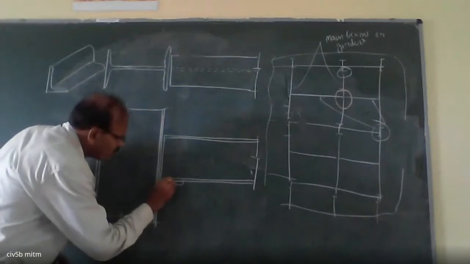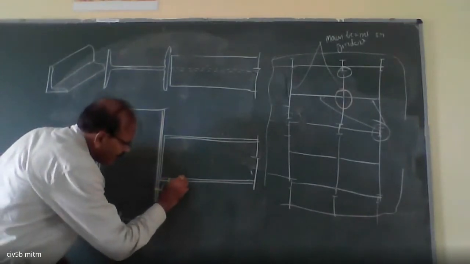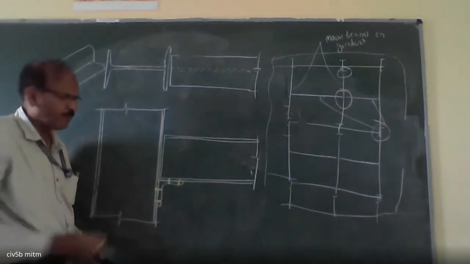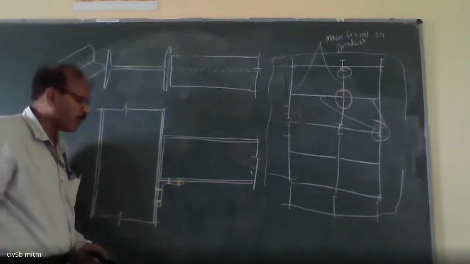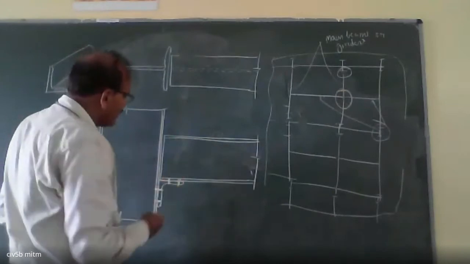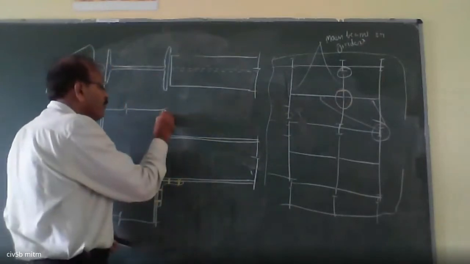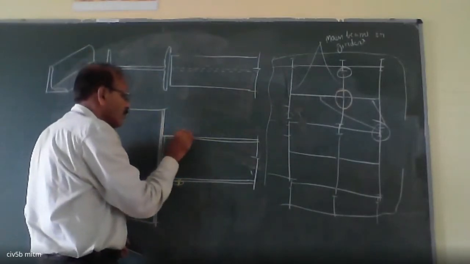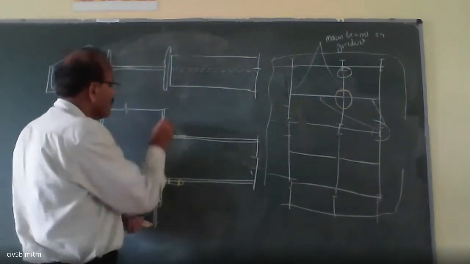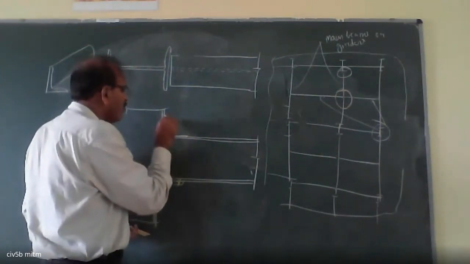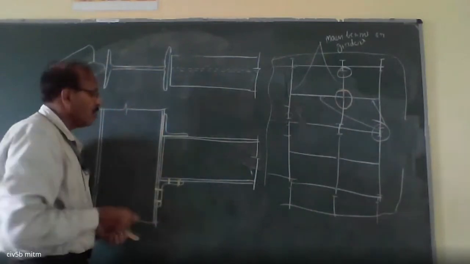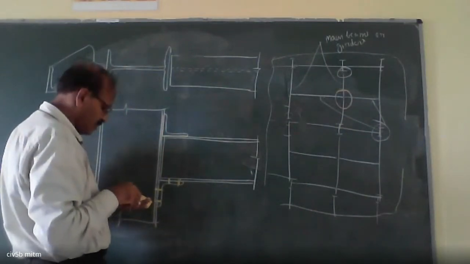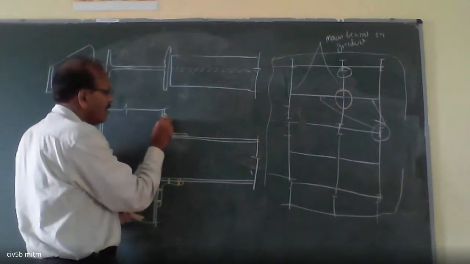So we also provide, again depending on the requirement, we provide boards here. Okay, so just to make it stable, what we do is we are going to provide one more angle on the top. Okay, and we are going to put boards.